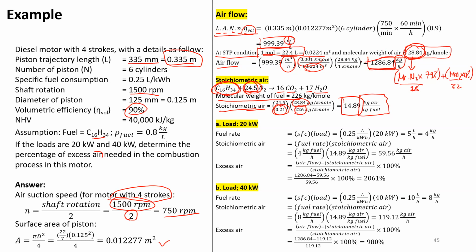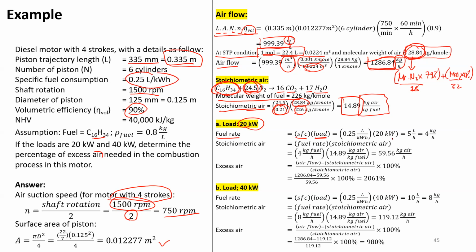So the next step is you need to calculate the excess air for different loads. The first one is for the load of 20 kilowatt. What you have to do first is calculate the fuel rate. The fuel rate can be calculated by the specific fuel consumption multiplied by the load. The specific fuel consumption is also given in here.